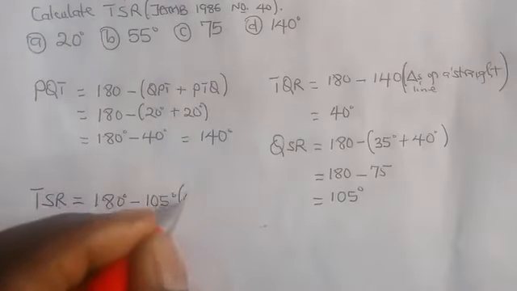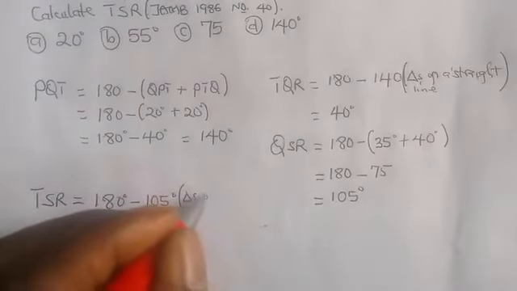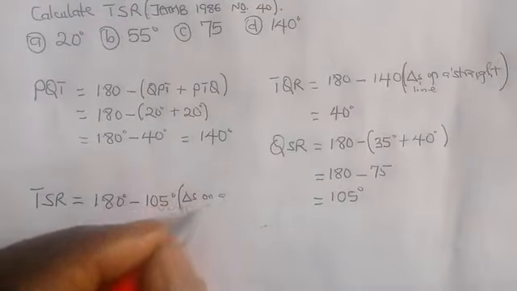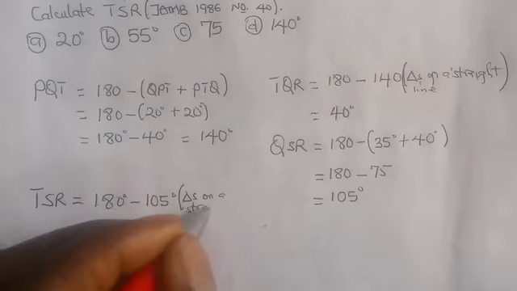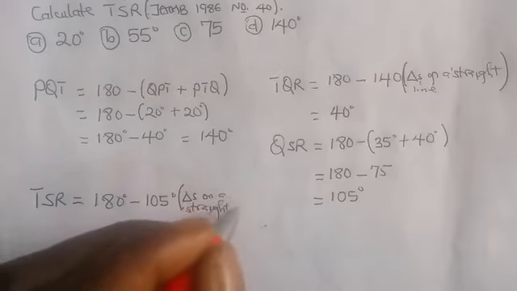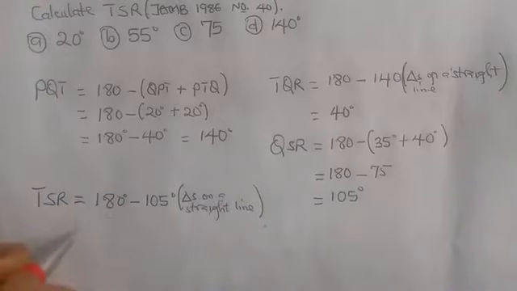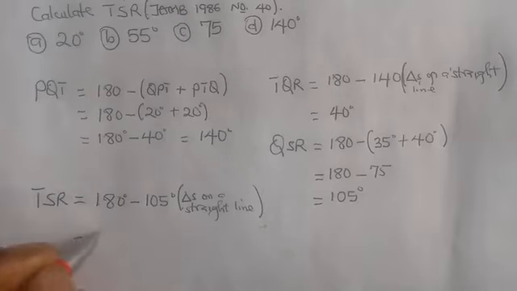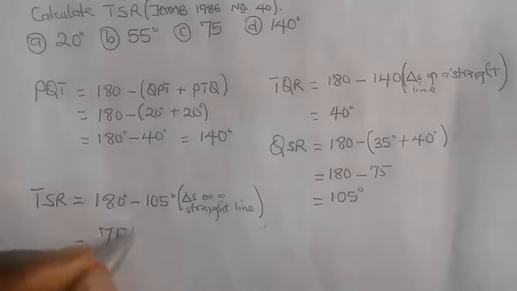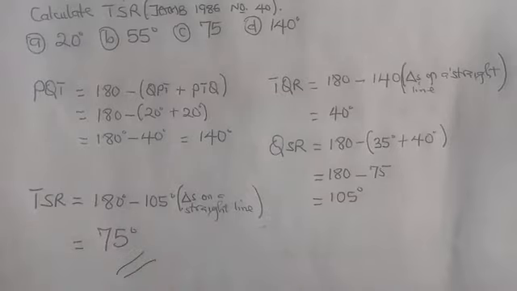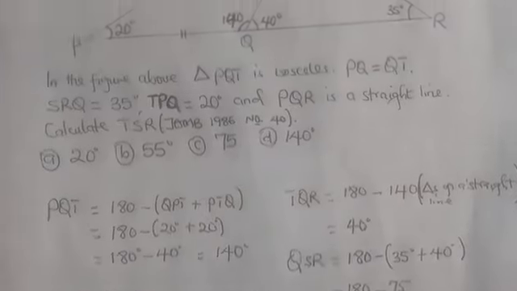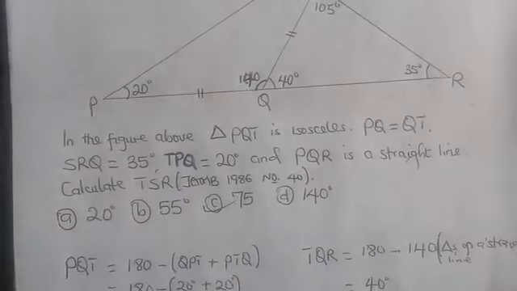That is angles on a straight line also. Such that 180 minus 105, we have 75 degrees as the correct option here, and that corresponds with option C.